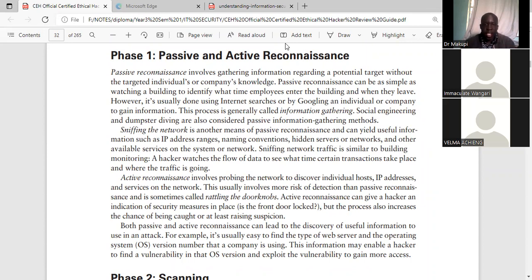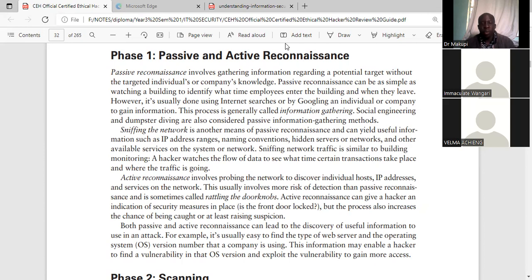Active reconnaissance. You probe the network to discover individual hosts, IP addresses, and services on the network. So it usually involves more risk of detection than passive reconnaissance. So it is like when you are trying to check doors.